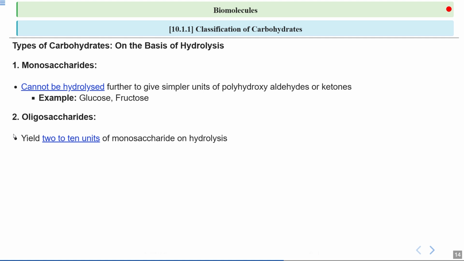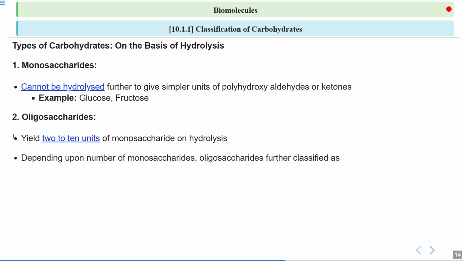This means that when we add water and break them down, we get a smaller number of simple sugars. Depending on how many monosaccharide units they contain, oligosaccharides can be further classified into different types. Let us look at these subcategories.